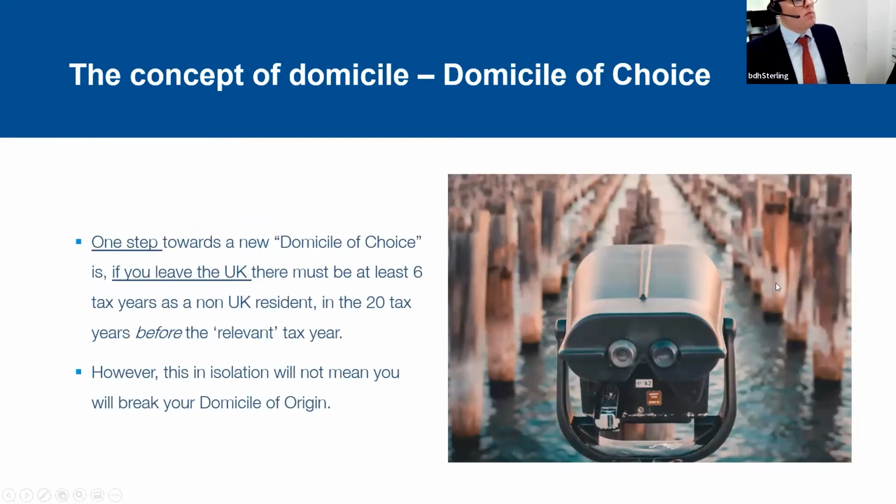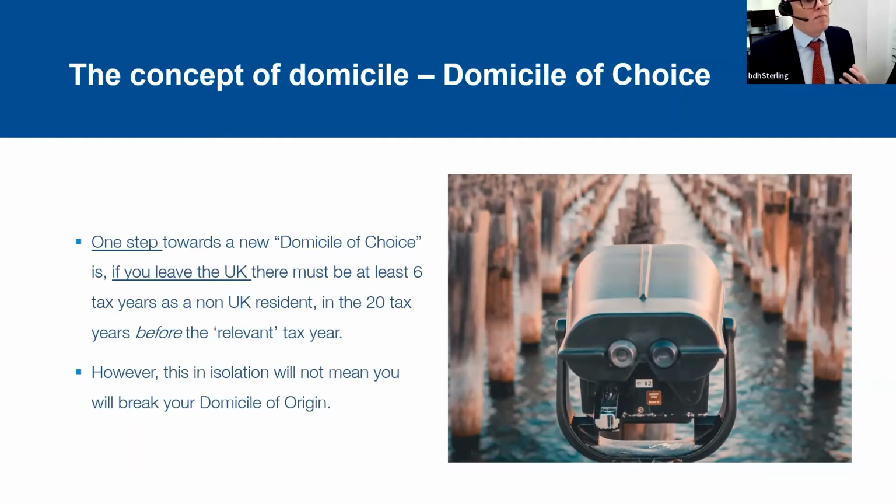So probably more pertinent to those of a UK background rather than Australian background, one step towards a new domicile of choice is that if you leave the UK, there must be at least 6 tax years as a non-UK resident in the 20 tax years before the relevant year.